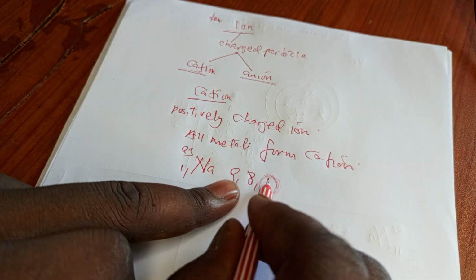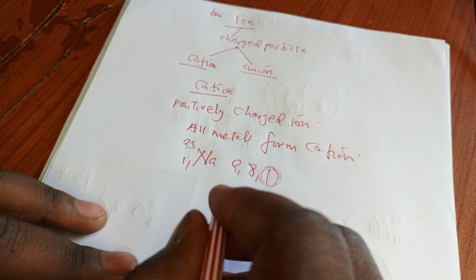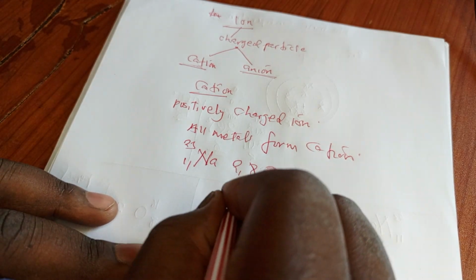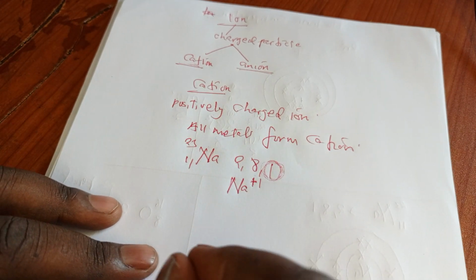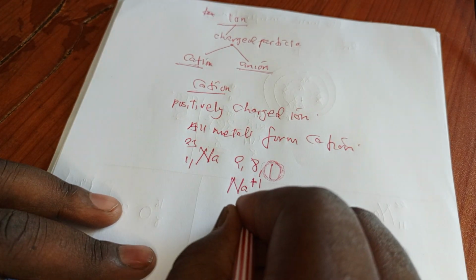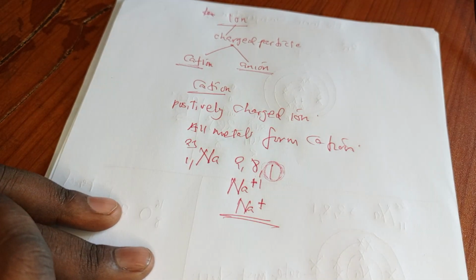Since it's losing 1 electron, it will form a positive ion. So it will have sodium +1, but we can ignore the 1 and just write sodium and positive. It shows that sodium lost 1 electron in order to be stable.